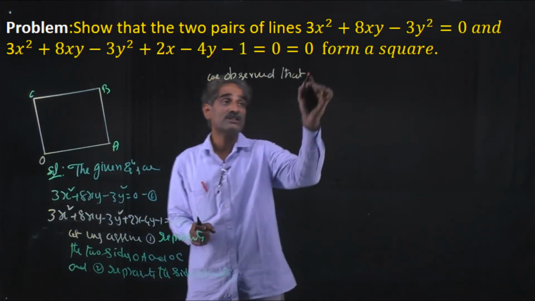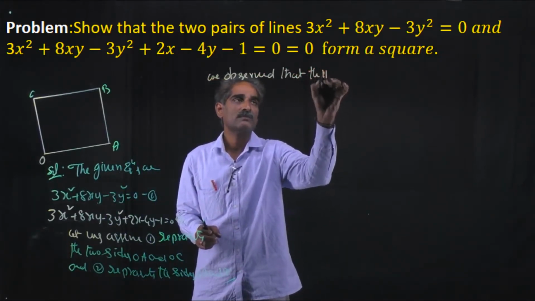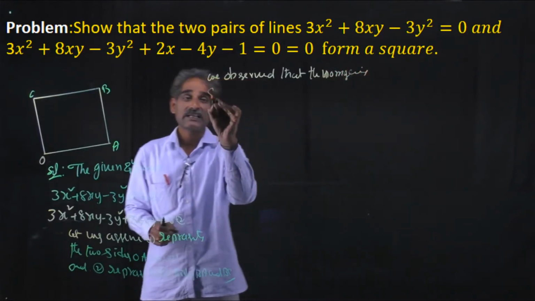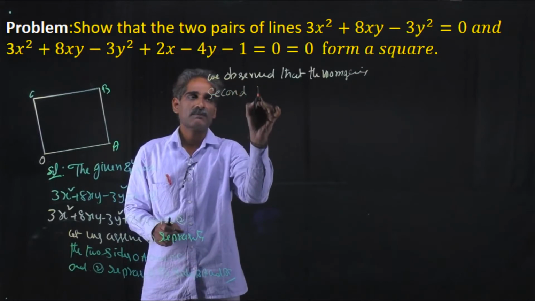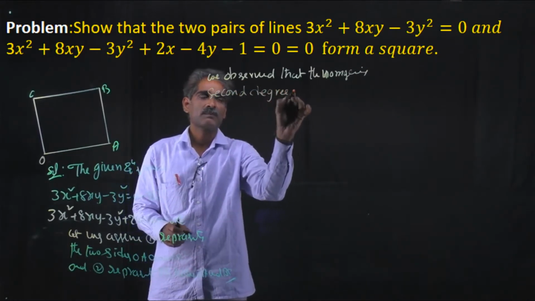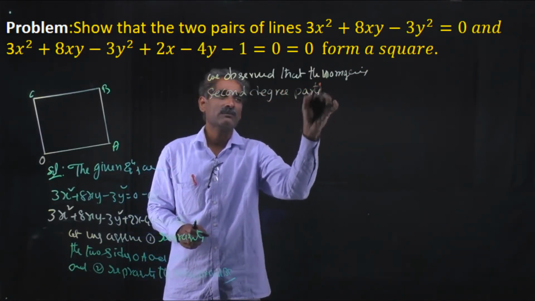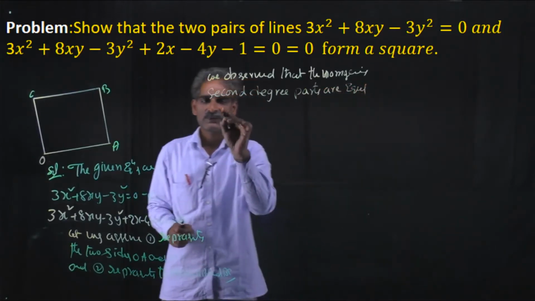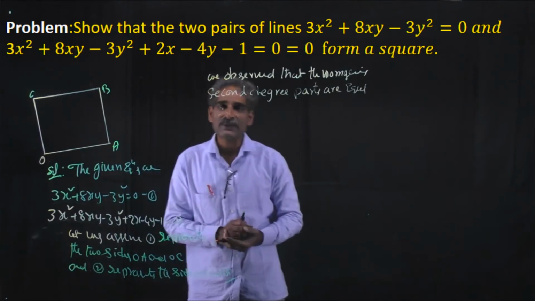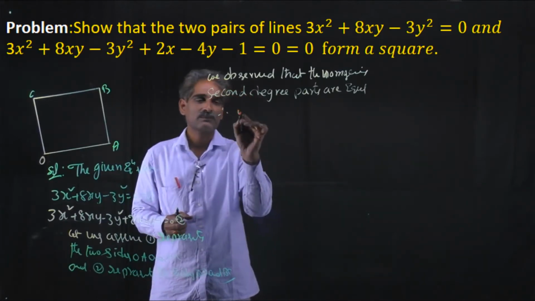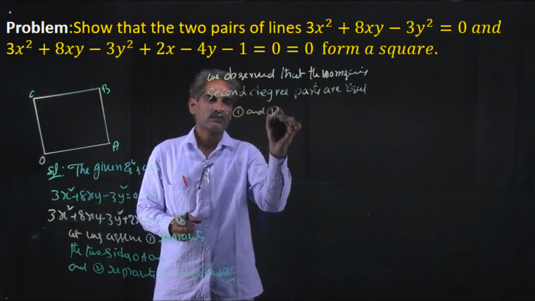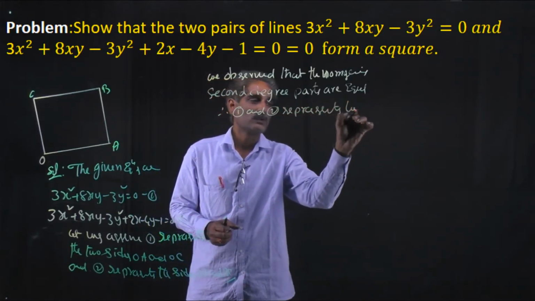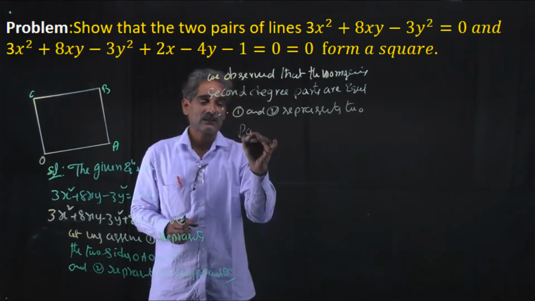Therefore, 1 and 2 represent two parallel pairs.